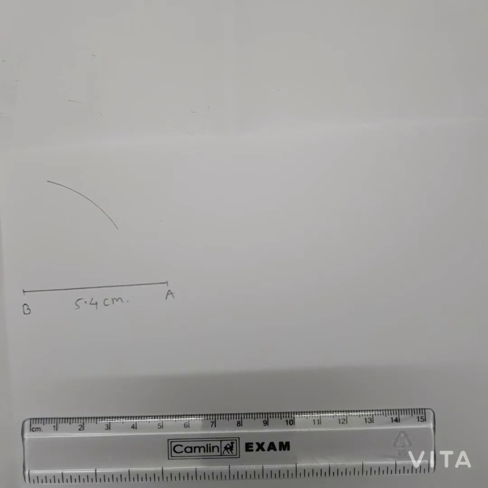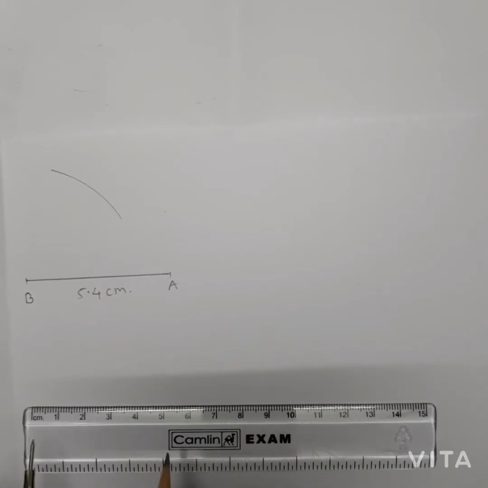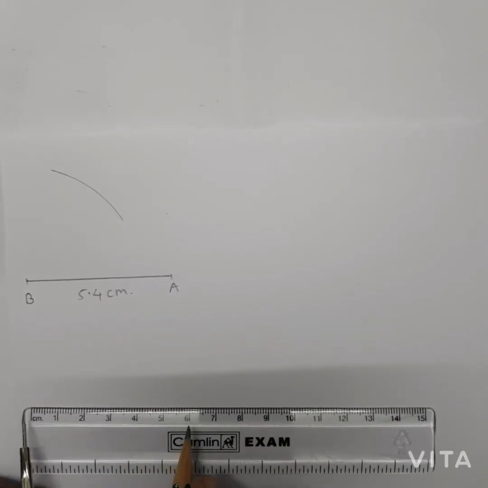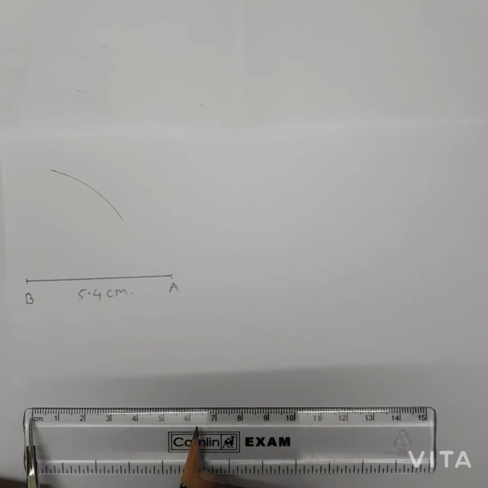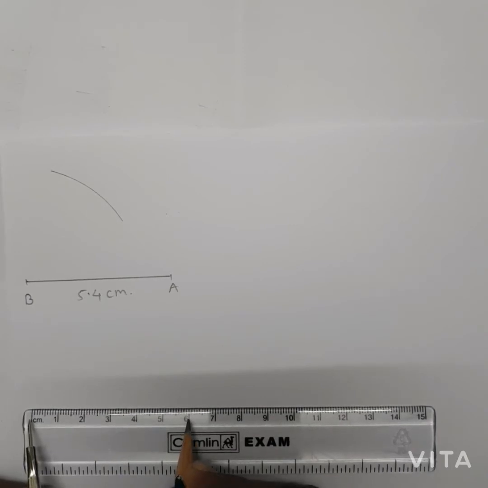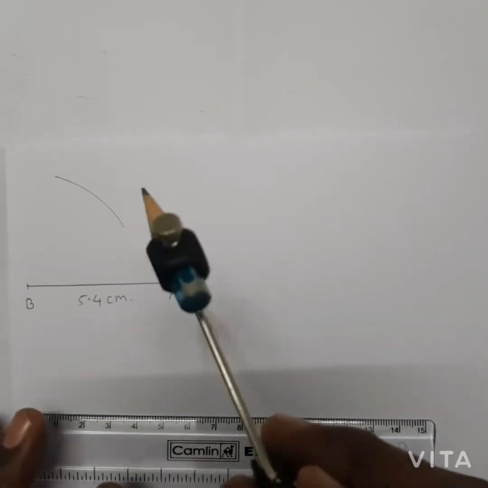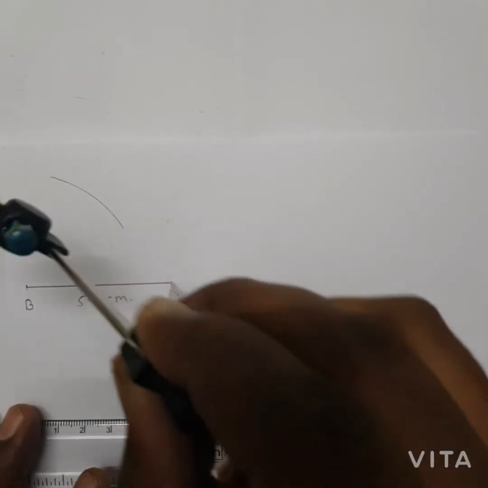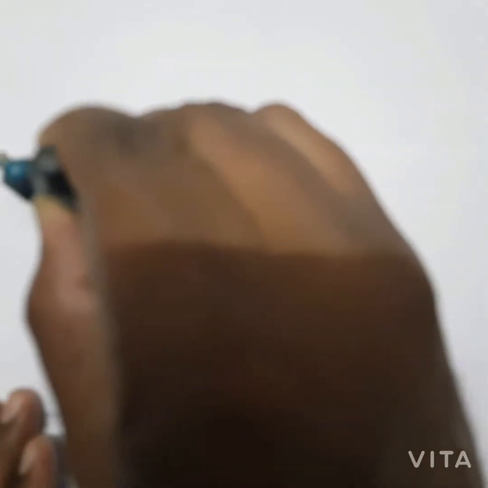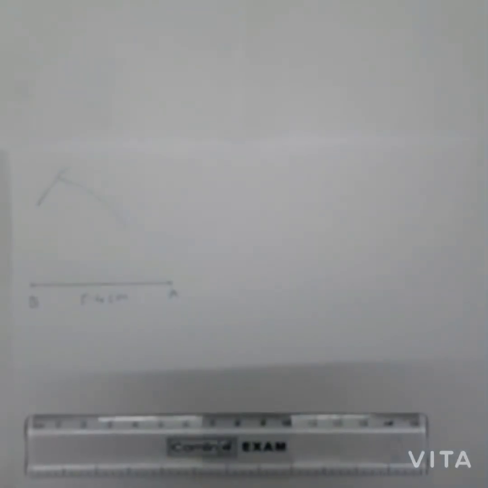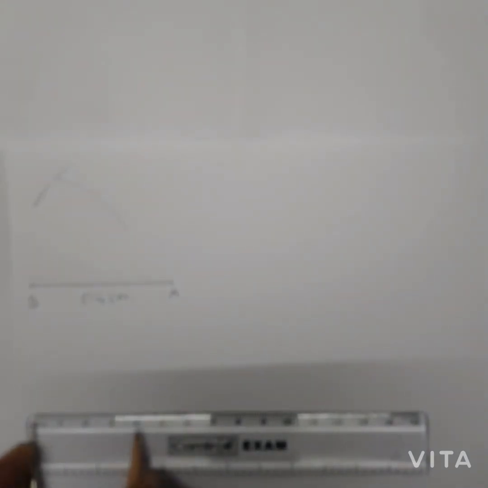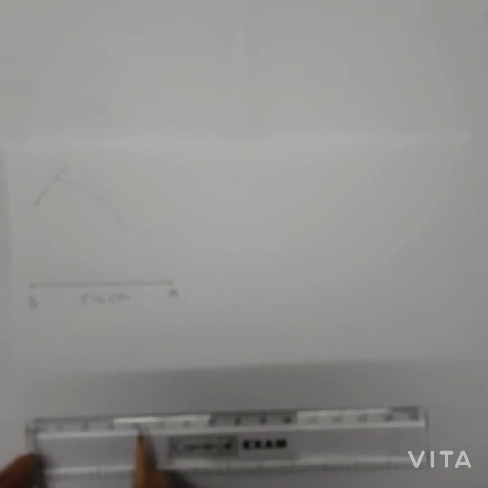Now side AC is 6.0, that is 6. We will take 6 centimeter distance in the two ends of the compass. See here, this is 6 centimeter distance. From A, draw an arc intersecting the first arc. The first arc was at a distance of 4.2 centimeter.